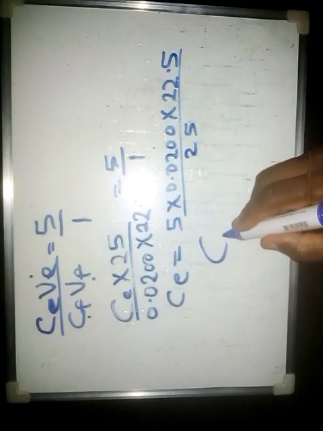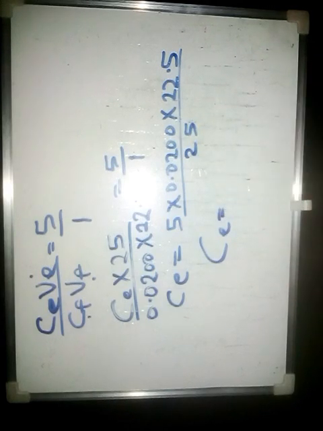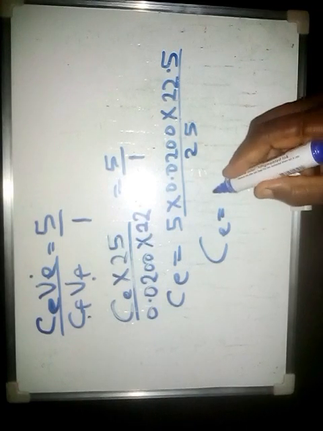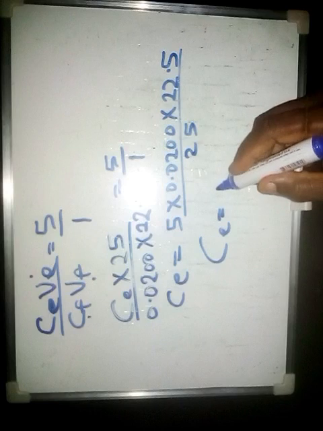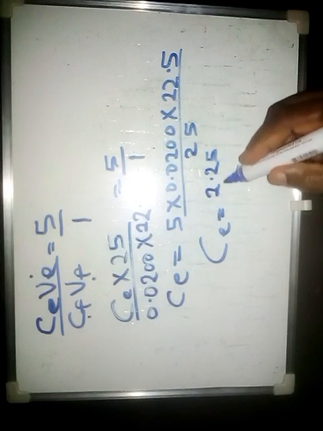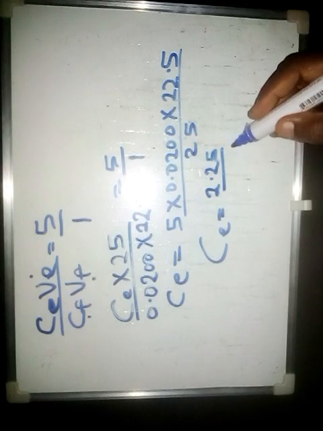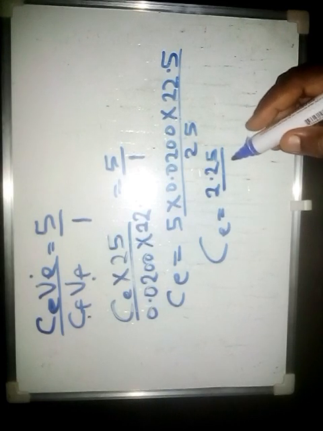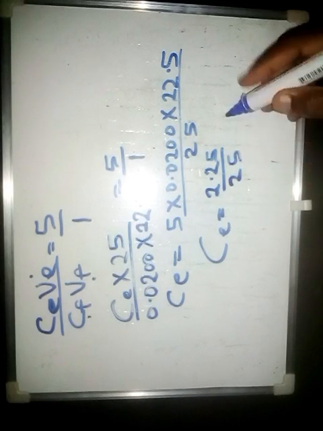At the end of the day, when you multiply everything, you divide, you should get 2.25 over 25.